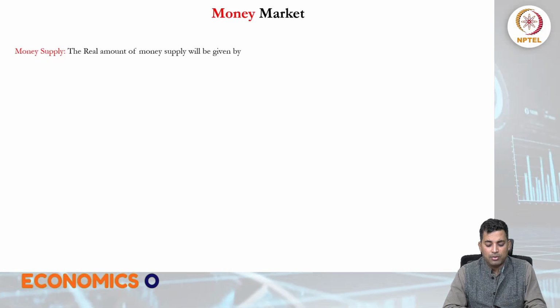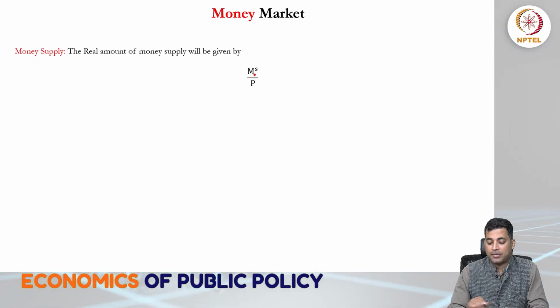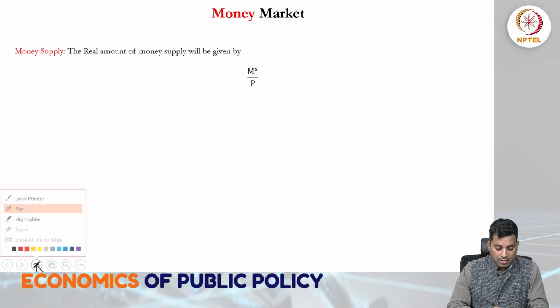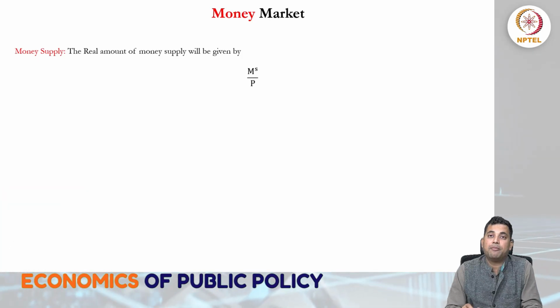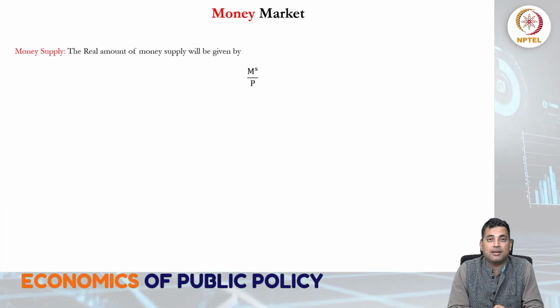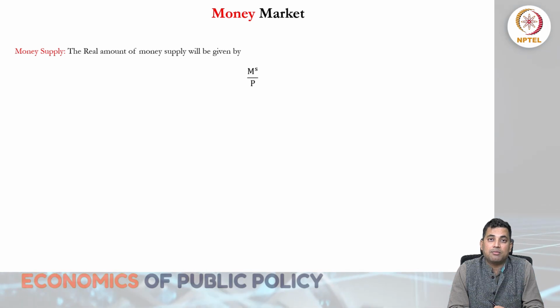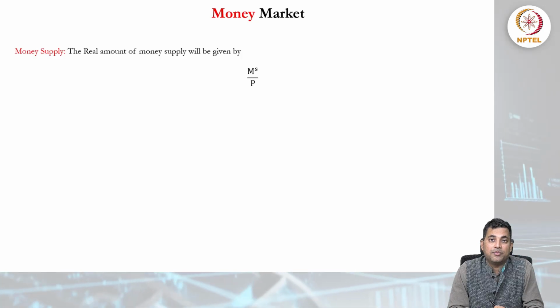The real amount of money supply will be given by MS by P. P is the aggregate price level, and MS is the overall money supply that is injected by the central bank.